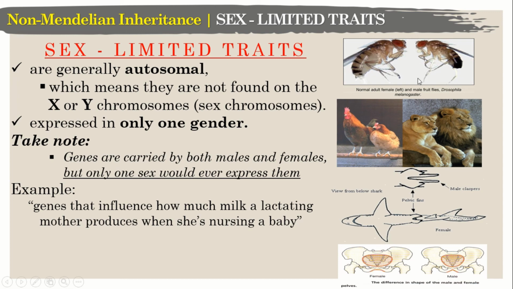How do we distinguish that this one is a female and this one is a male? When you look here, the female is bigger than the male. Same here with the build of the chickens, the hen is bigger than the rooster. Same with humans, a woman's hips are bigger compared to a man's. Why? Because it is usually the woman who carries the offspring. That's why the hips of women are bigger compared to men.